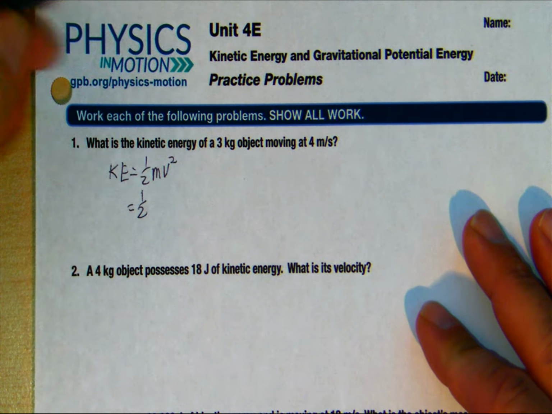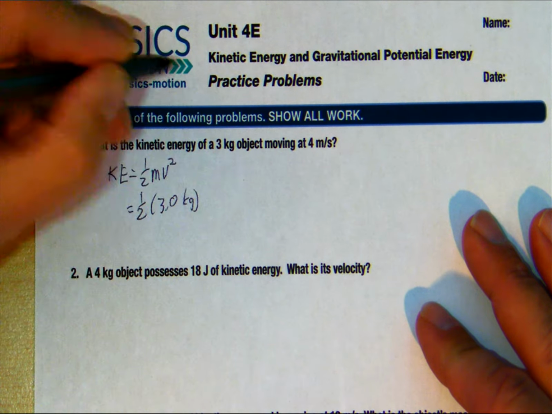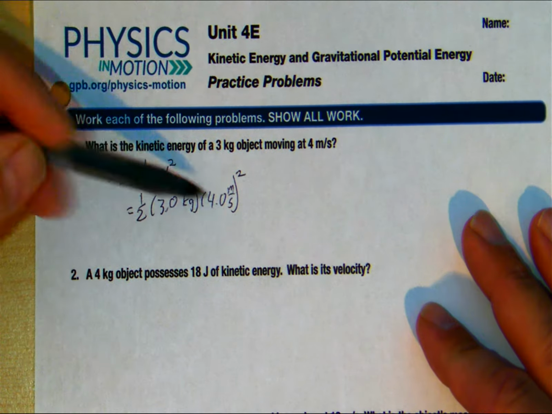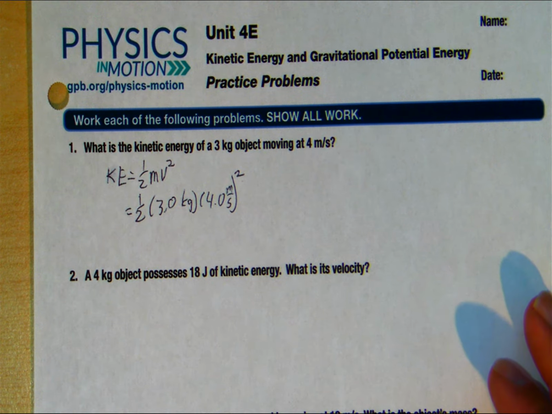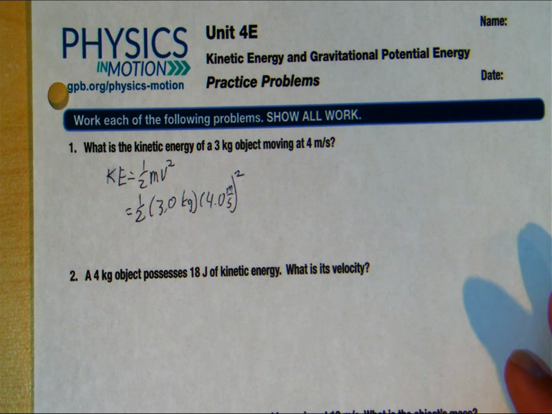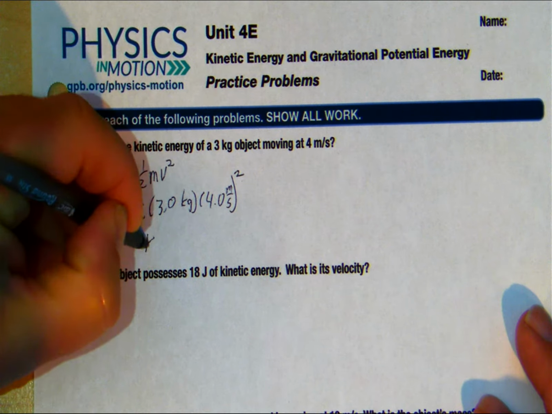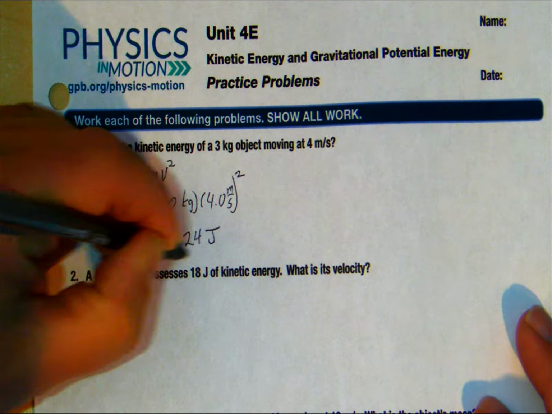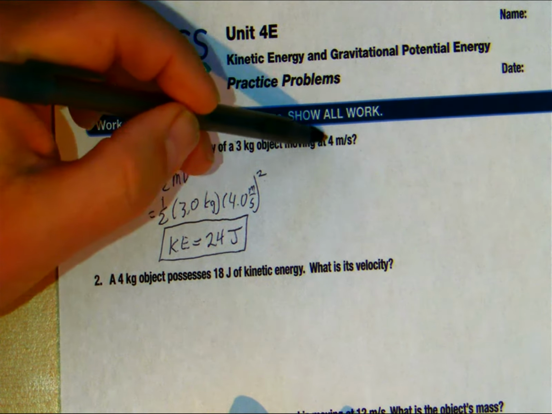So in this situation, it's going to be 1/2 times 3 kilograms times 4 meters per second quantity squared. 4 squared is 16, and 1.5 times 16 would be 24. So the answer is 24 joules. We'll do it to 2 sig figs, even though all the data is only to 1 sig fig.